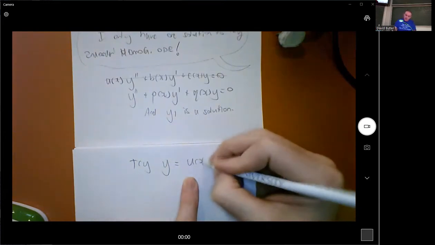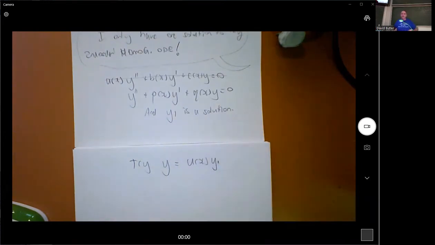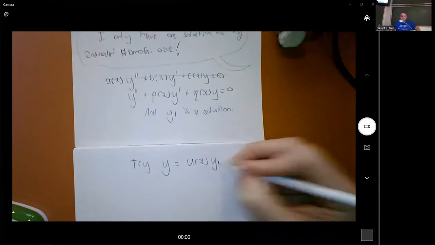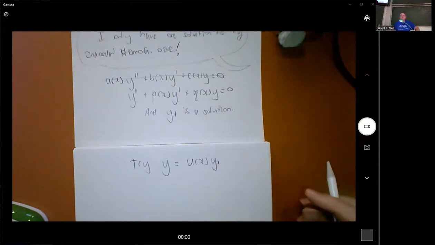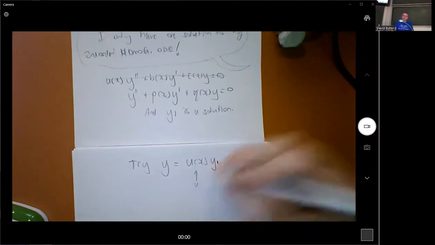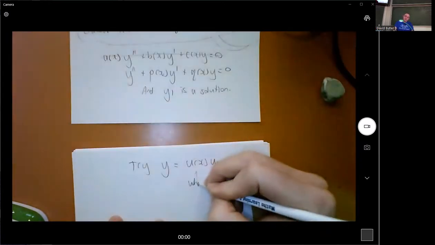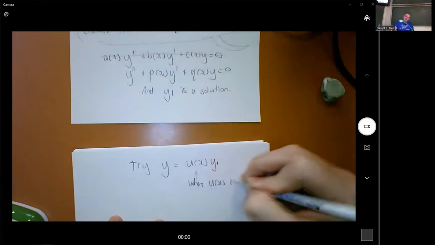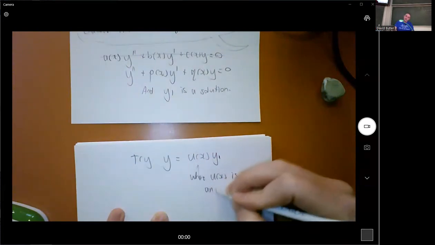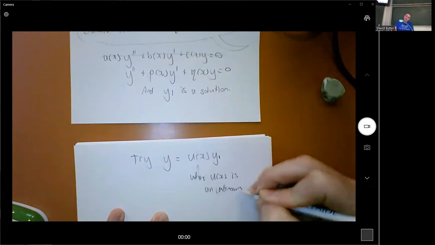Some function of x times the solution we already have. Where u of x is an unknown function.